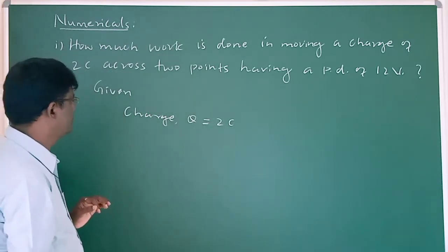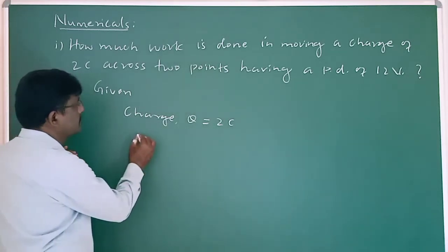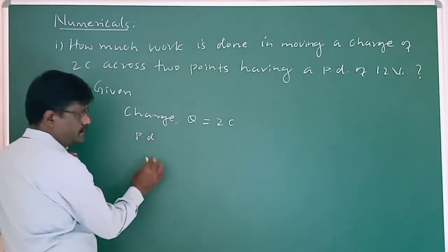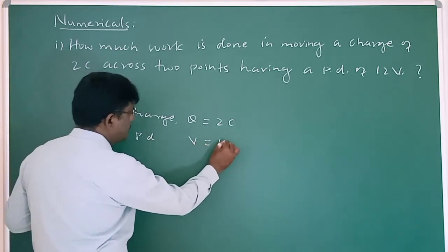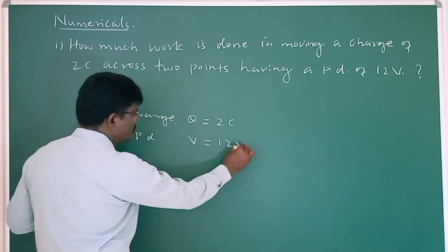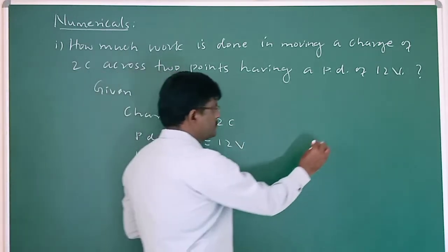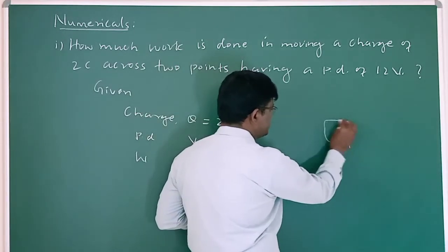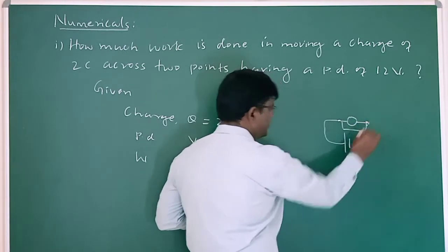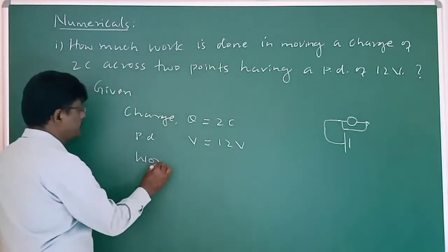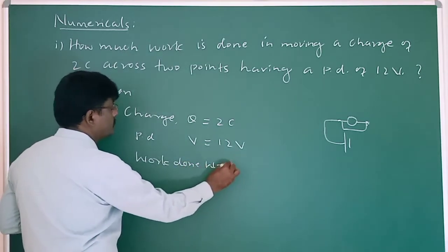Charge Q is 2 C across 2 points having a potential difference, in short PD. It is denoted by V and its magnitude is 12. Unit is volt, V. Work done, this one, children. Remember, just fast. Between 2 points like that, work done W, put a question mark.